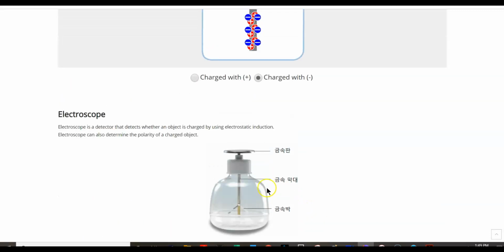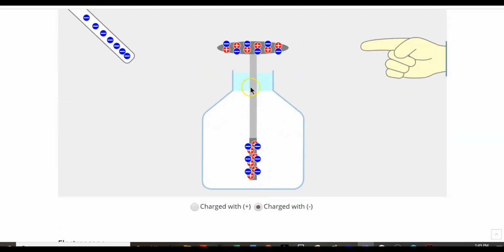Okay, and so what happens is, here is your neutral object. Okay, and you're going to now, in this case, I'm going to bring an amber rod that I've rubbed amber against fur or plastic against wool, and now I've ripped those electrons off the wool or the fur, and they've gathered on the amber. So it's actually got a plus 1, 2, 3, 4, 5, 6.